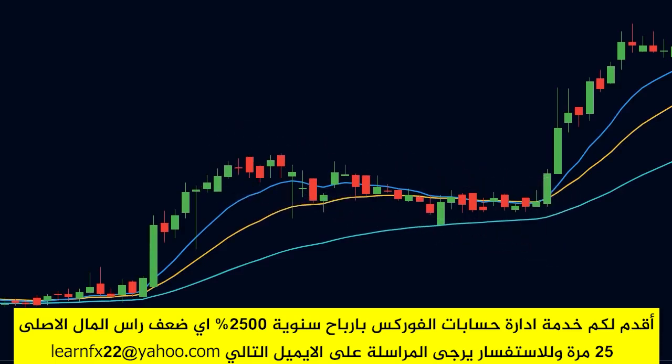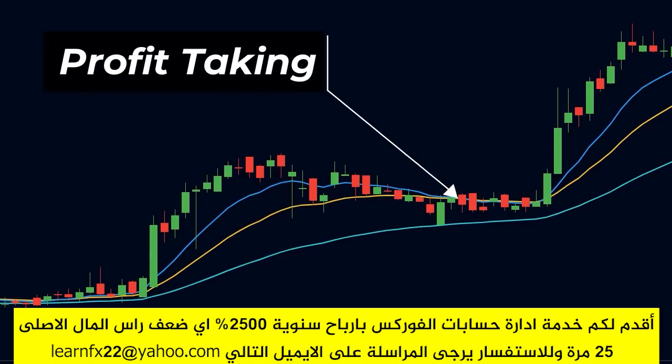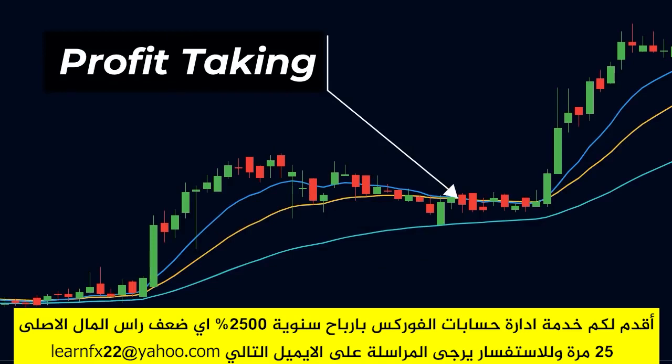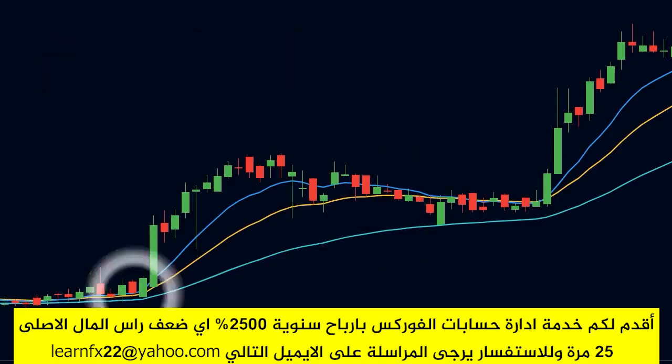This signals that the down move right now is just because there has been some level of profit taking. If sellers were actively trying to sell during this time, the candles would have been bigger and the price would have moved lower. But because the price did not make a huge down move, this is evidence that the down move is just because of profit taking by the people who bought here.